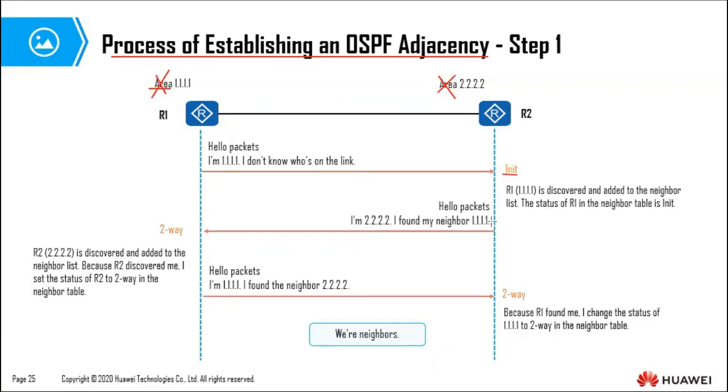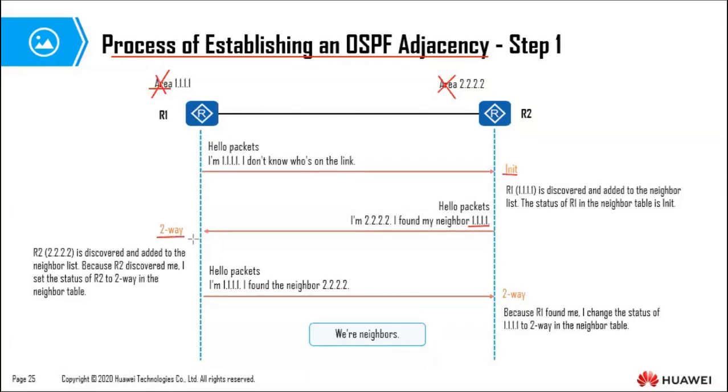Then R2 will also send: hello, I'm 2.2.2.2, I found my neighbor 1.1.1.1. When R1 receives a hello packet that has its own router ID on the neighbor list, it will transition to the two-way state.